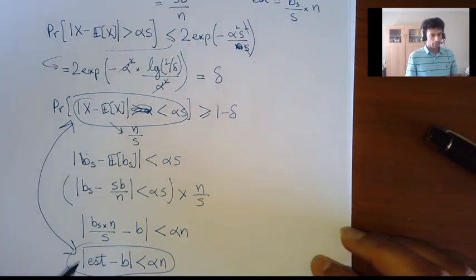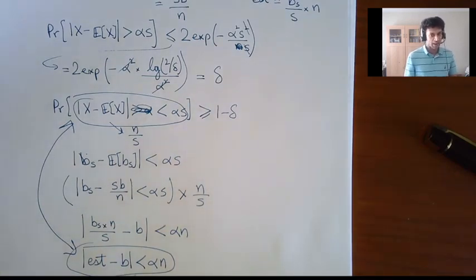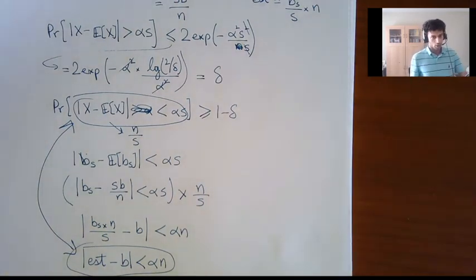The probability that your estimate minus the truth is less than alpha times n is at least 1 minus delta. And therein, this is basically the proof. This argument, just an application of the Hoeffding bound, is an immensely important part of the analysis of randomized algorithms. This argument appears over and over and over again. It's good that you get familiar with it, because later on in the course, I'm not going to work it out in full detail. I'm just going to say, by the Hoeffding bound or by the Chernoff bound. Okay?